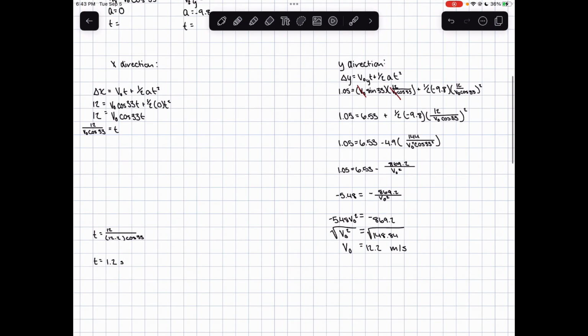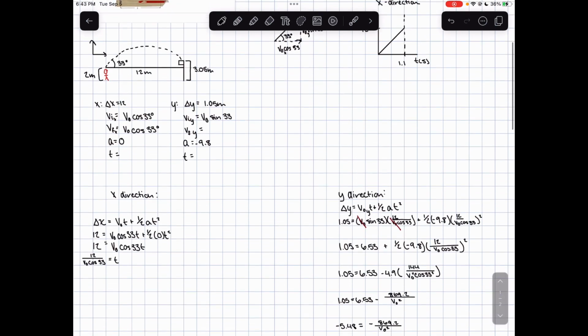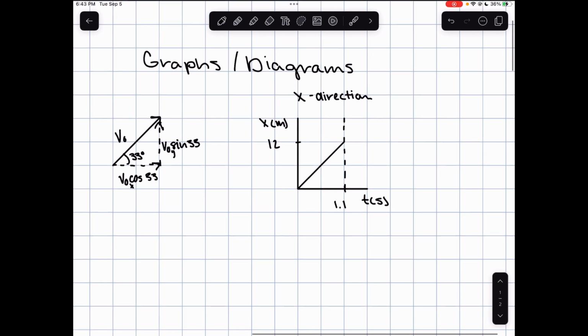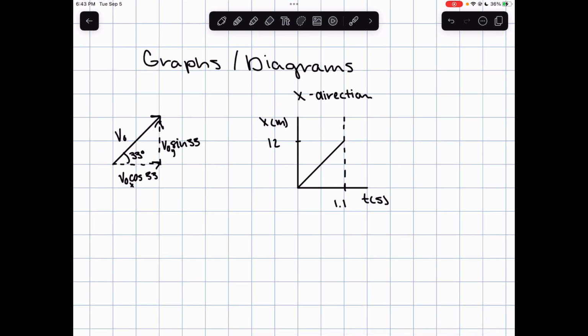But let's take it a little farther conceptually by looking at a position time graph in the x direction. So overall, we know the object is going to travel 12 meters, but how do we find this time down here?